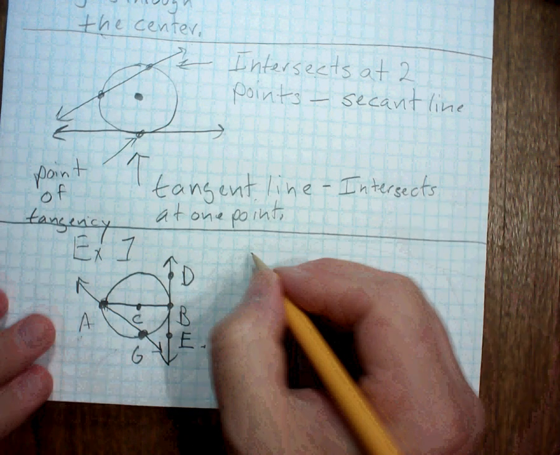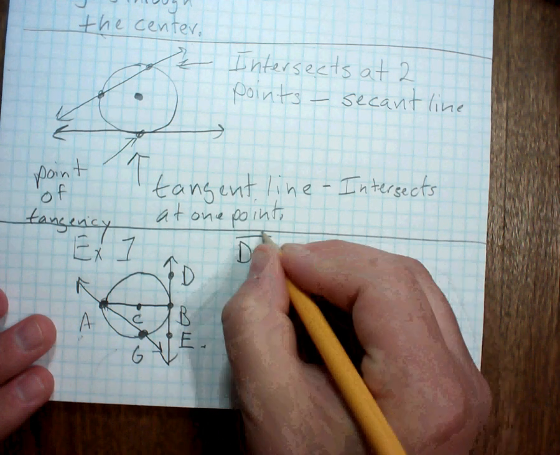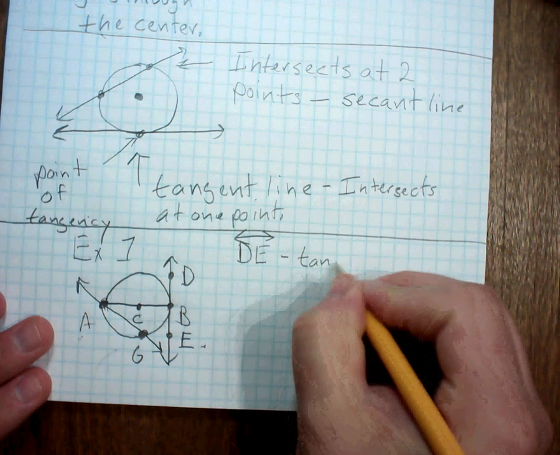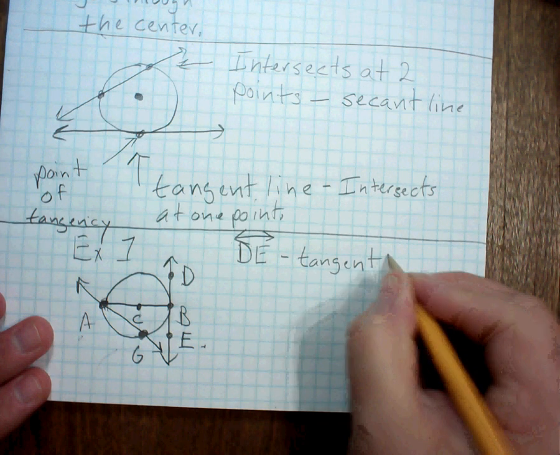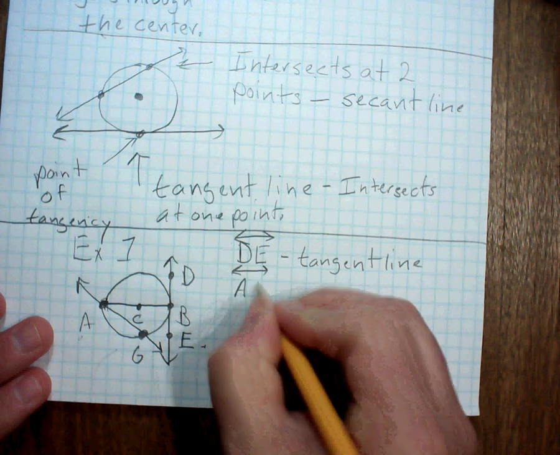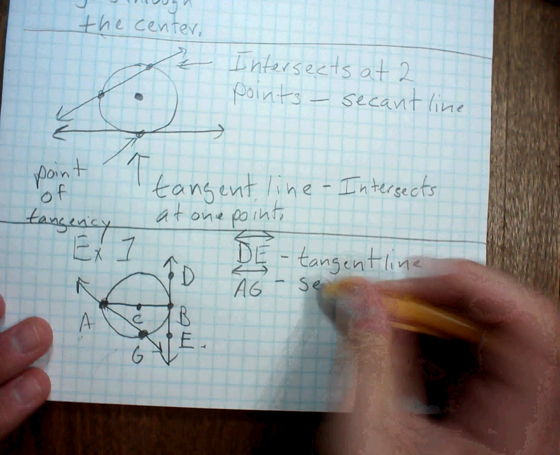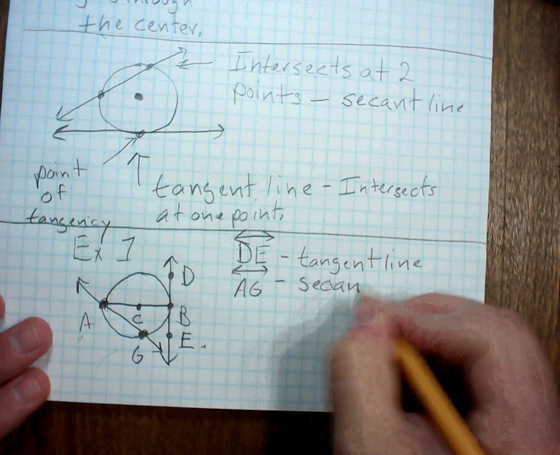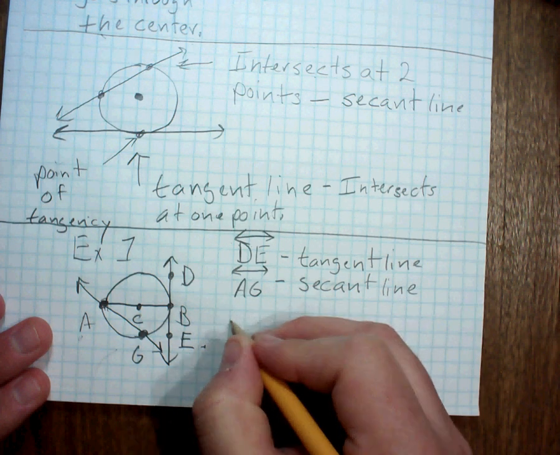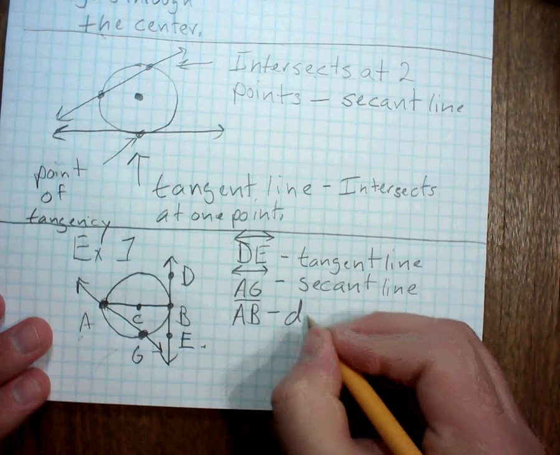So I would say the line DE, that's the tangent line. Then the line AG is the secant line. And then the line segment AB, that is the diameter.